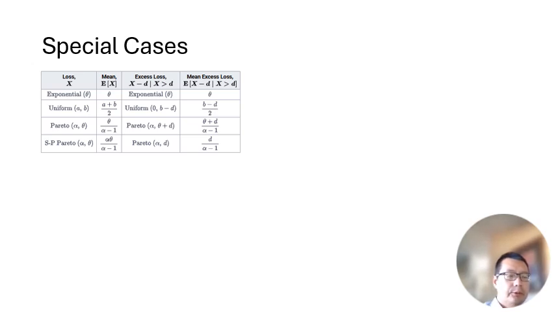For exponential, uniform, Pareto, and single parameter Pareto, you can find the formula here. It's not difficult to deduce this, so I will leave it to you, but if you have questions, in the notes there is a demonstration of how you deduce the formula.